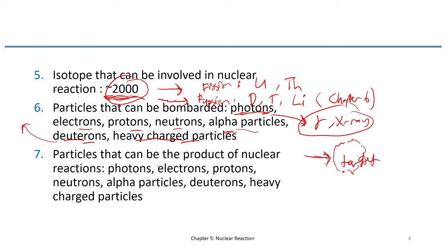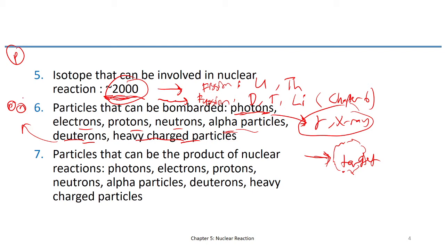And the deuteron is a hydrogen nucleus, but with one proton and one neutron. The nucleus of hydrogen consists of only one proton.